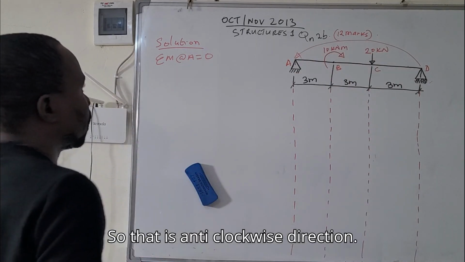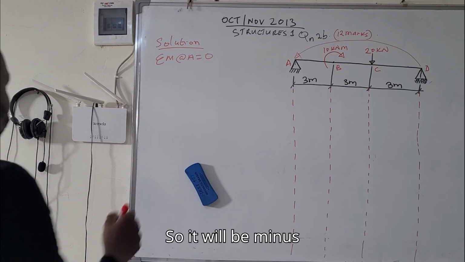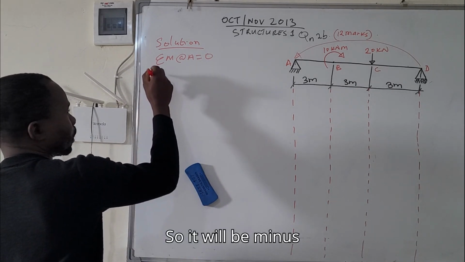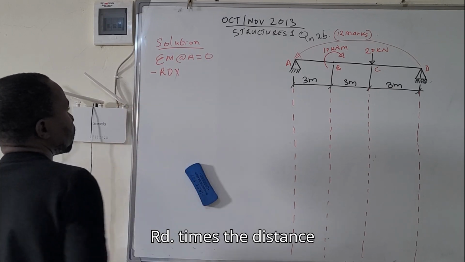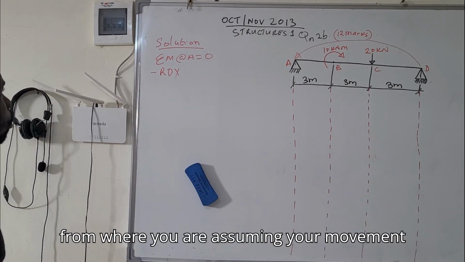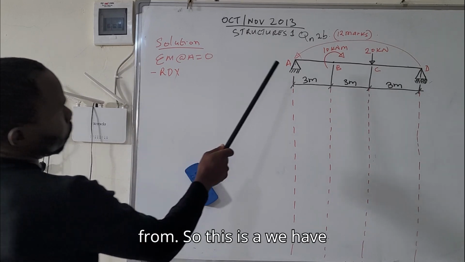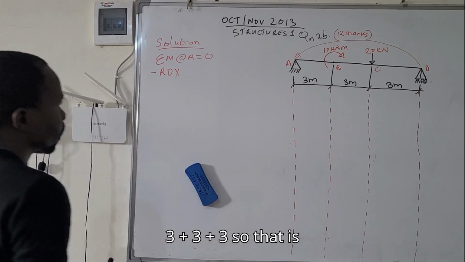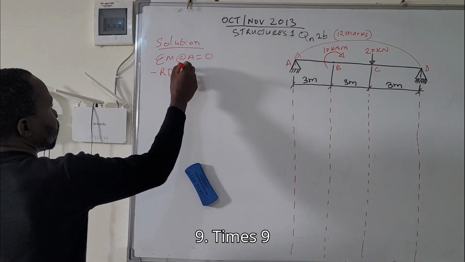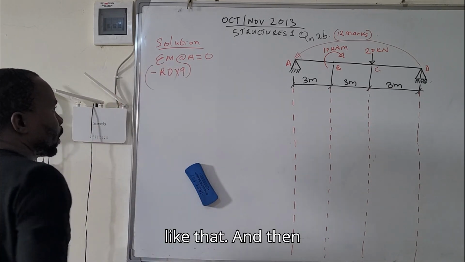So it will be minus RD times the distance from where you are summing your moment from. So this is A. We have 3 plus 3 plus 3, so that is 9, times 9, like that.